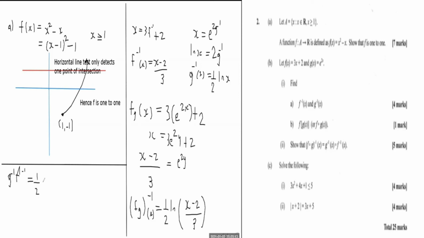Voila, it's the same already. Here is g inverse and here is f inverse. Putting f inverse into g inverse, you get a half ln, replace x with f inverse, and so it's a half ln of x minus 2 over 3.